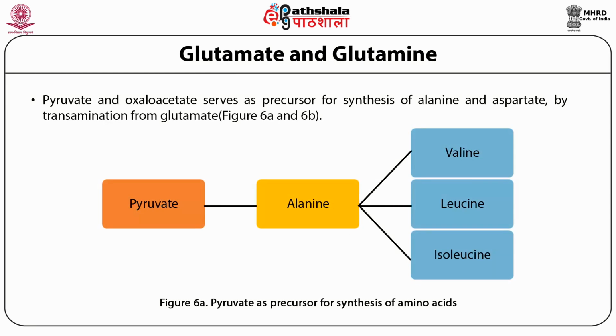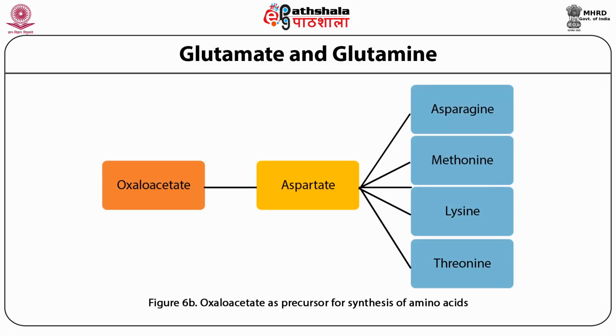The figure shows pyruvate as a precursor for biosynthesis of amino acids. Three non-essential and six essential amino acids are synthesized from oxaloacetate and pyruvate. The figure shows oxaloacetate as precursor for synthesis of amino acids.